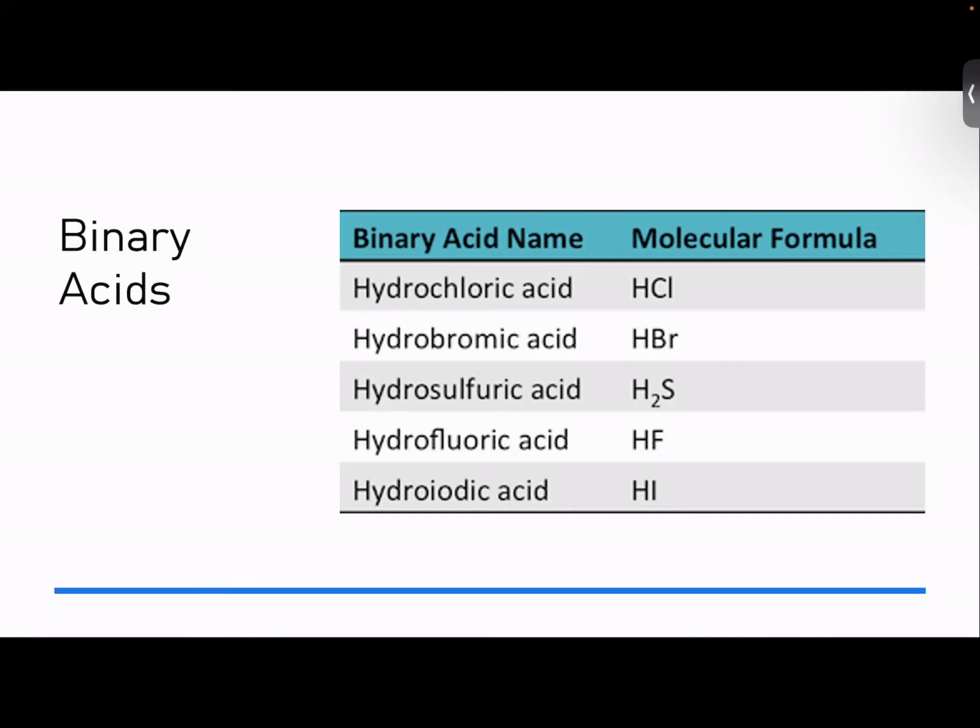So I would have written it as HCl aqueous to help you distinguish between a binary covalent molecule and a binary acid. HBr is hydrobromic acid. Again, I will help to distinguish HBr, the binary covalent molecule, from the acid by adding the aqueous.